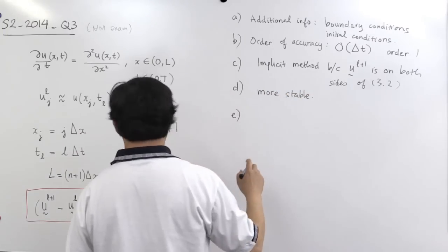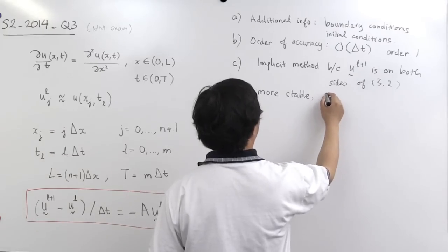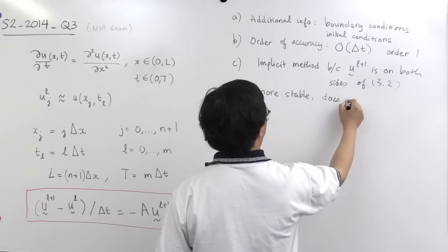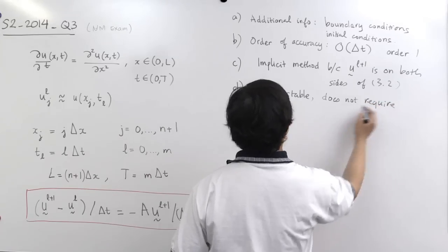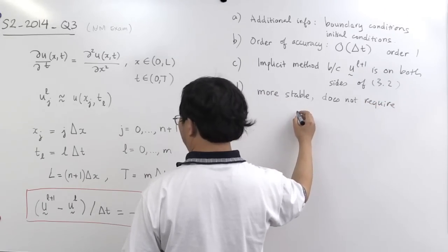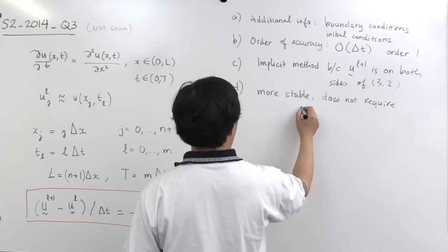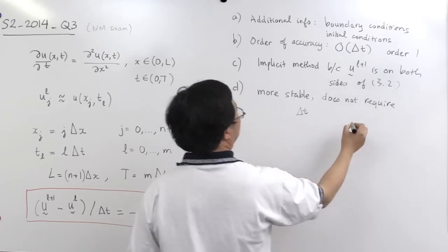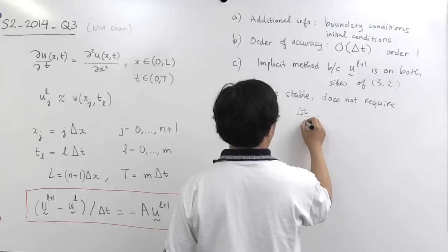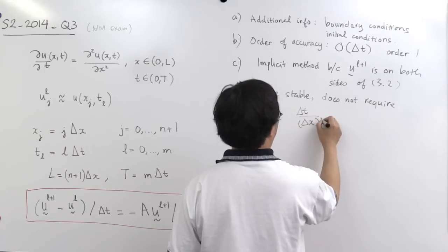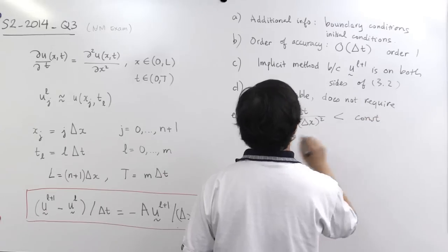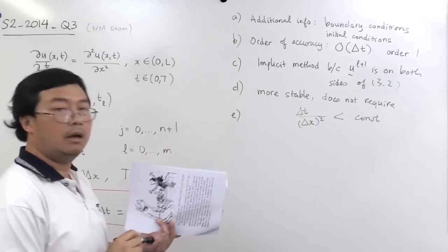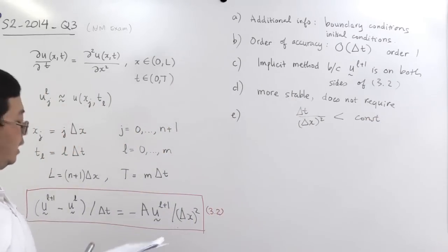Okay. And does not require the condition on delta t over delta x squared has to be less than some constant. Okay. So that is the advantage of the implicit method.